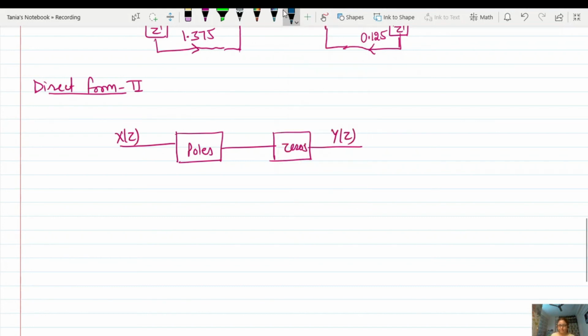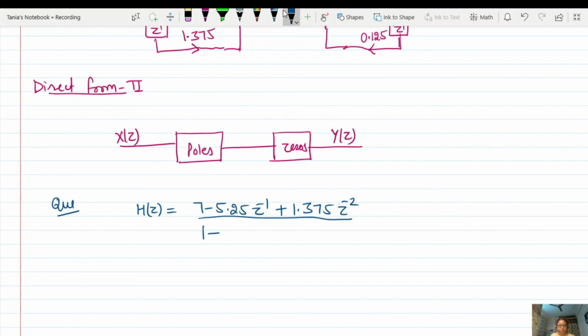For example, as in the previous question, we have H of z equal to 7 minus 5.25 z inverse plus 1.375 z to the power minus 2, upon 1 minus 0.75 z inverse plus 0.125 z to the power minus 2.